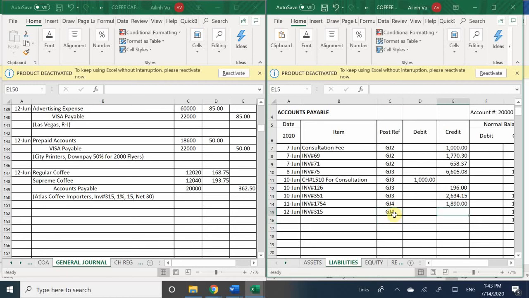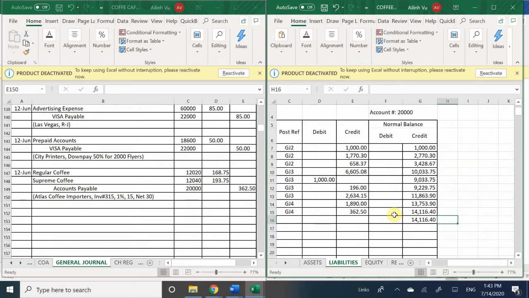We owe more money, and in our journal we credited $362.50. So I'm going to increase my liability, and I should get $14,116.40 in my account. Can you hold for a second before you leave the page? Yeah, I wasn't going to leave. Thank you.